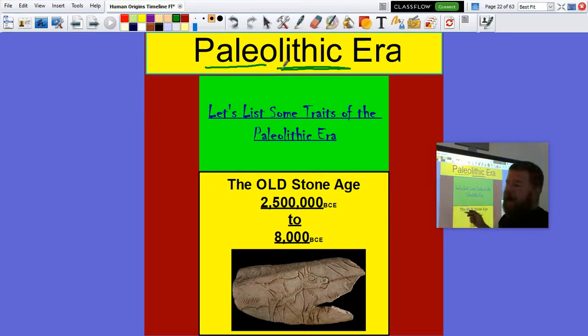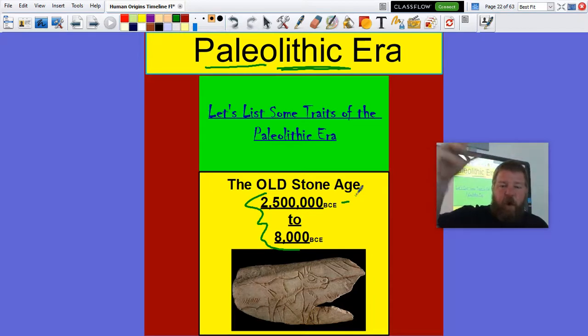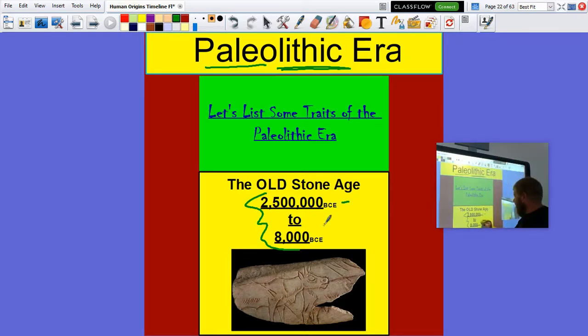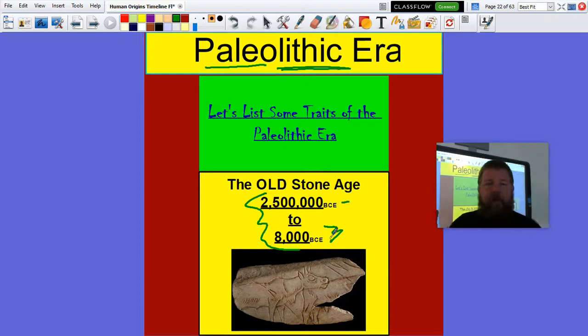It lasts from 2.5 million BCE, which is our friend Homo habilis, handyman, when we first enter the Old Stone Age with the creation of stone tools, bone tools and wooden tools, to 8,000 BCE, where we're still in the Stone Age. But then we're in the New Stone Age because agriculture comes along and everything changes, and it becomes a different era. So let's look at the traits of the Old Stone Age.